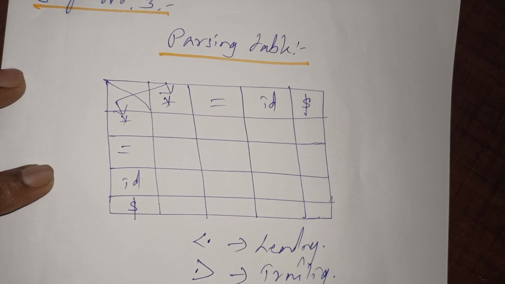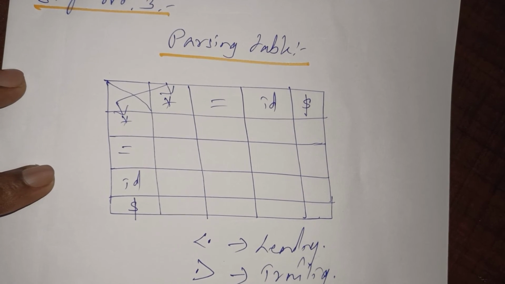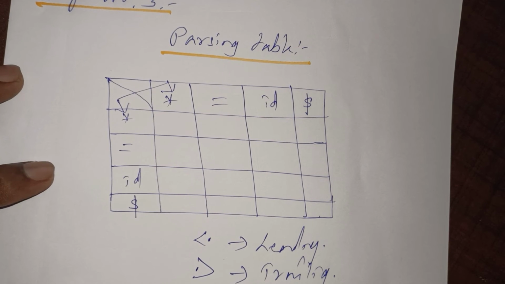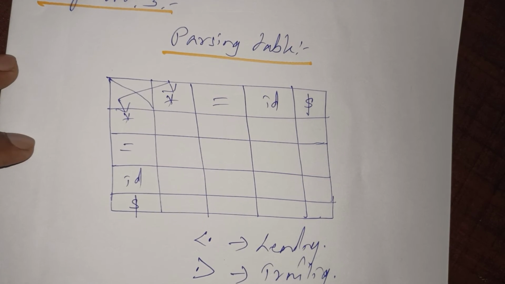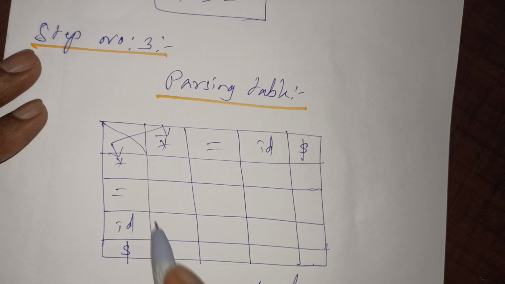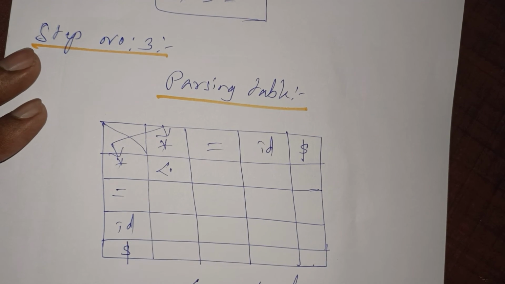By comparing these two, we got this particular symbol, which is called the leading symbol, right? Where exactly did we do this? We did this in step number two. You need to see all the answers in step number two. So whatever matching symbol you got, you need to mention here.